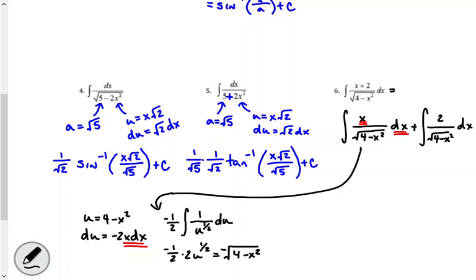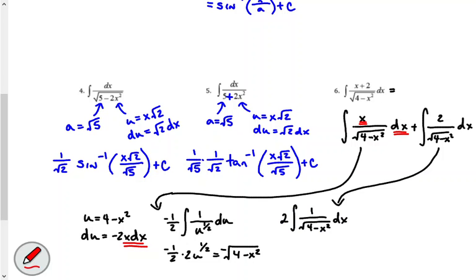Let's do this part now. This 2 can come out, and then it's the integral of 1 over root 4 minus x squared dx. Now you can do what we did before. We did it with arc sine before, on the previous page, and got the answer.